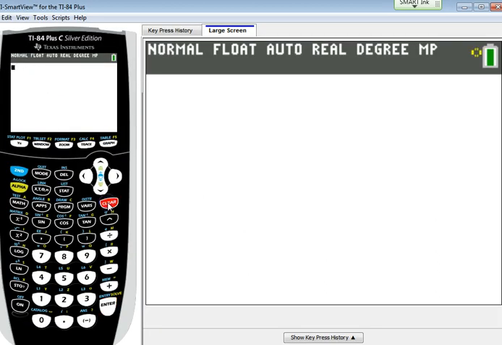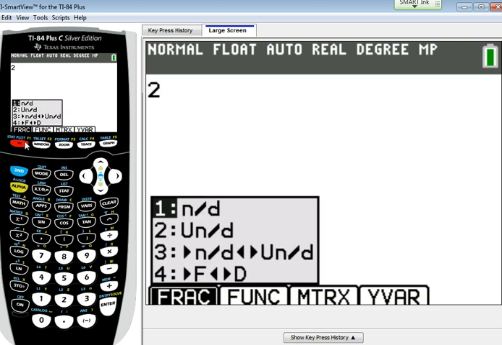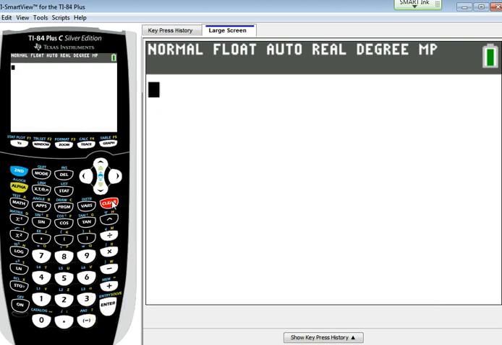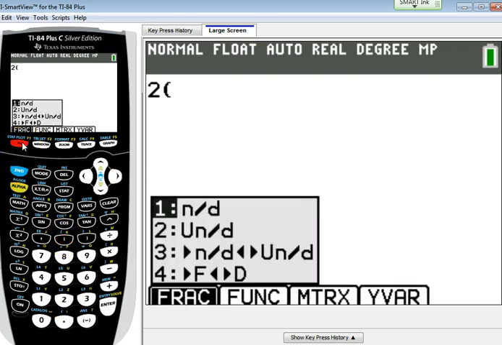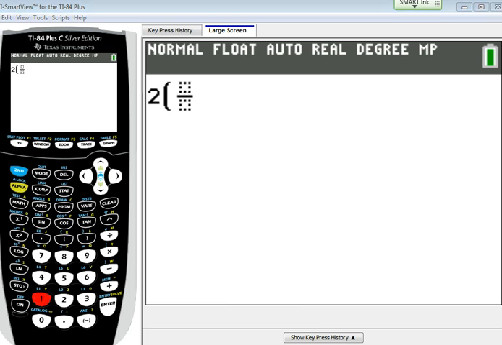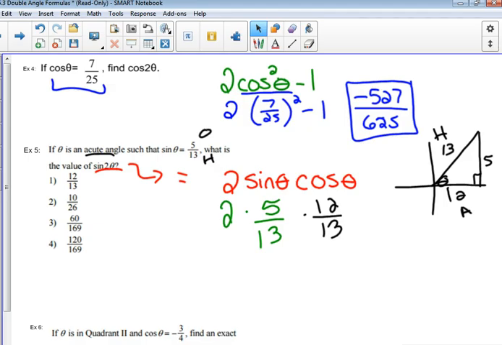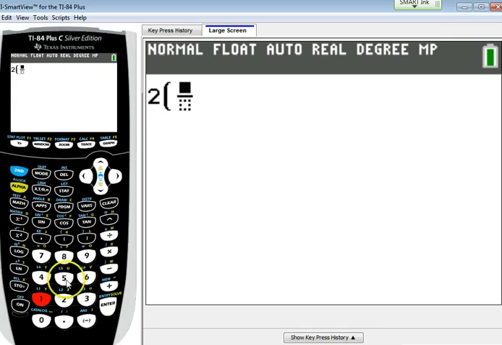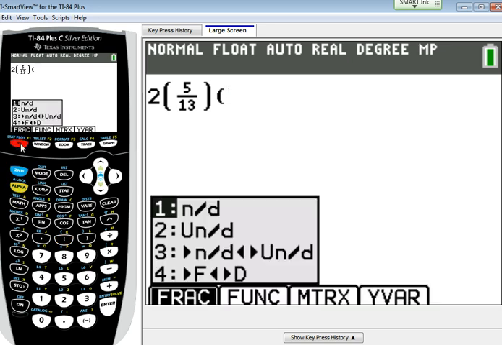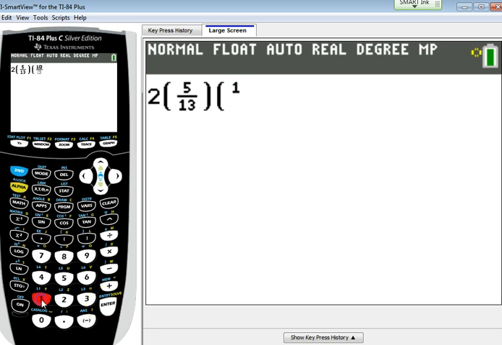If you want to use that new fancy key. Okay, let's see. 5, 13, times 10.